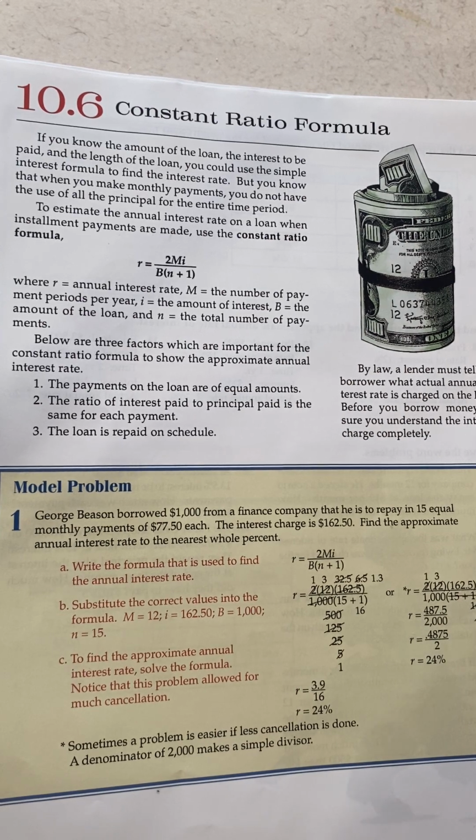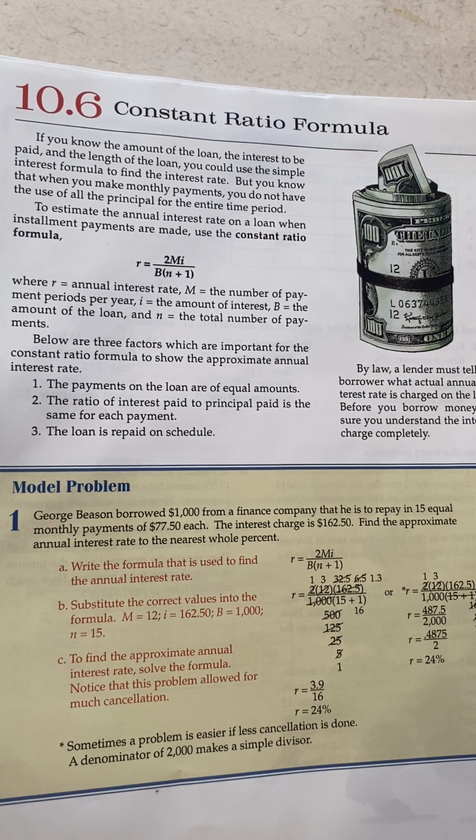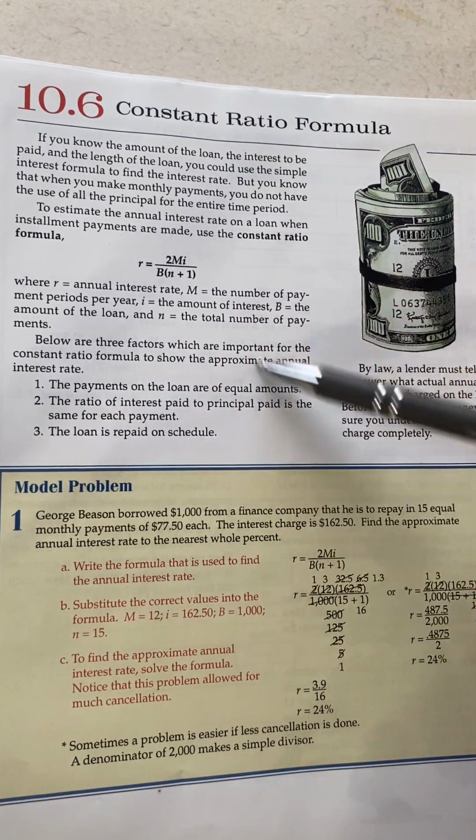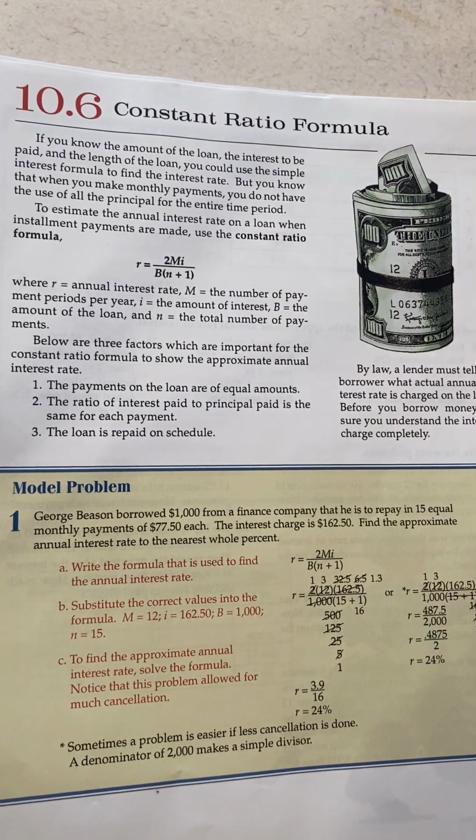First, payments must be of equal amounts. All your payments have to be the same. Second, the ratio of interest paid to principal has to be the same. And third, the loan is repaid on schedule. Most of the time, these three things are in any installment plan anyway.